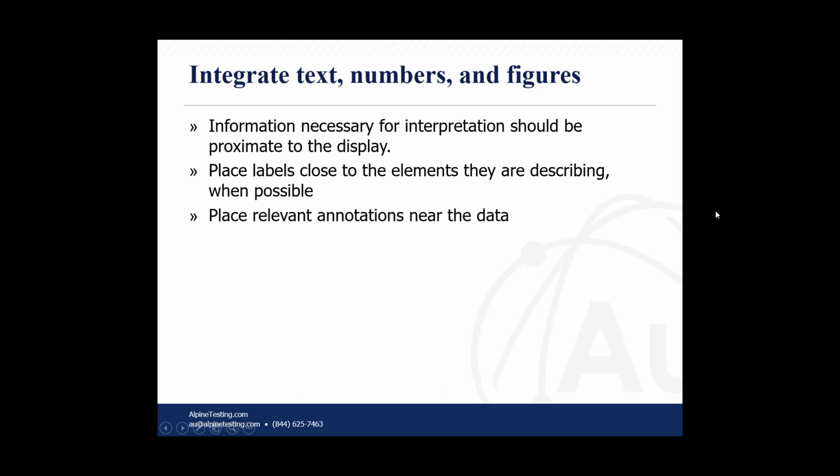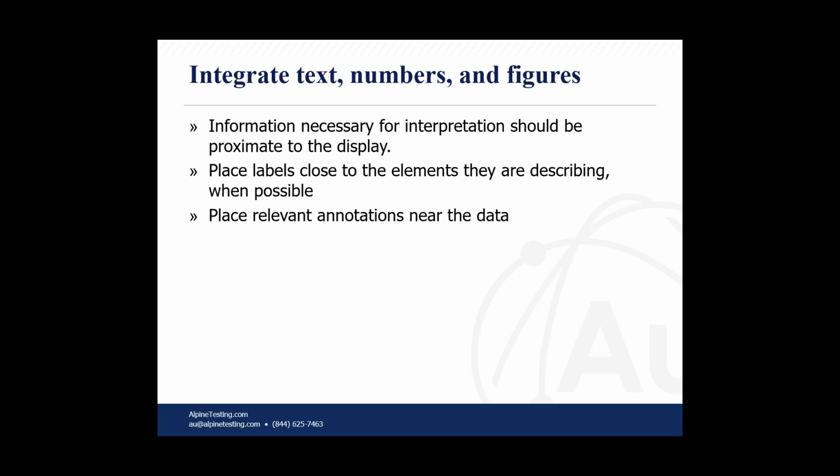The next principle is that we should, when we can, try to integrate text, numbers, and figures together. I'll give you some examples of what I'm talking about here, but the principle is that information necessary for interpreting a visual display should be right there with it.